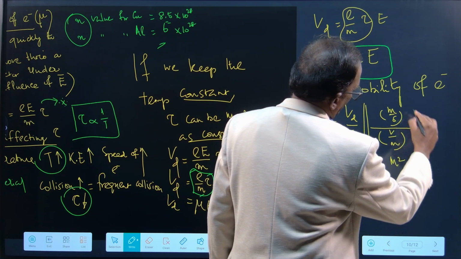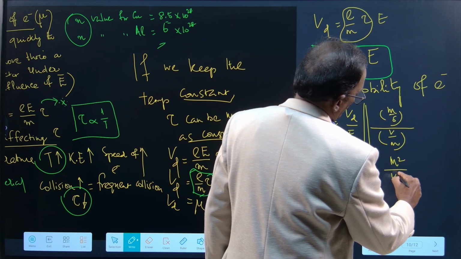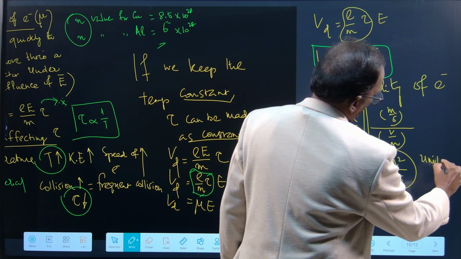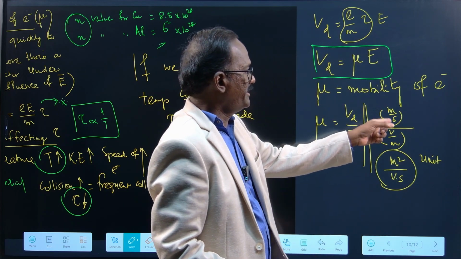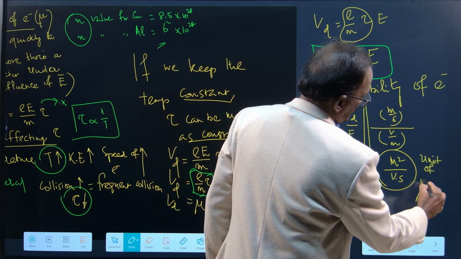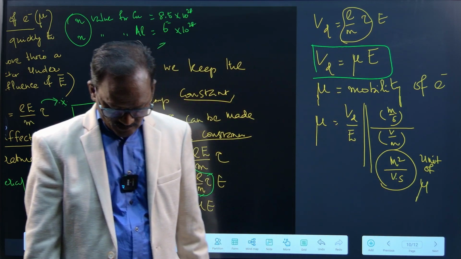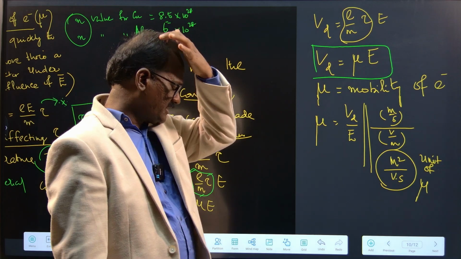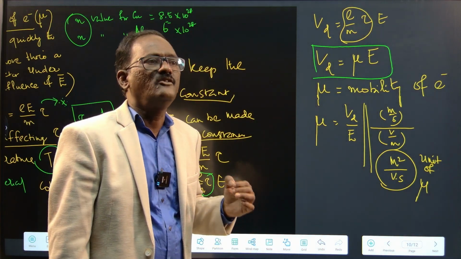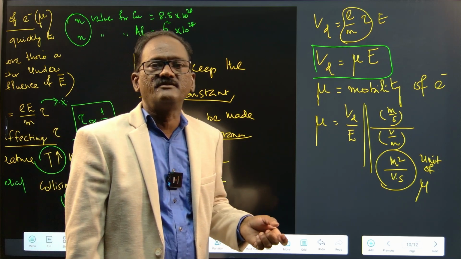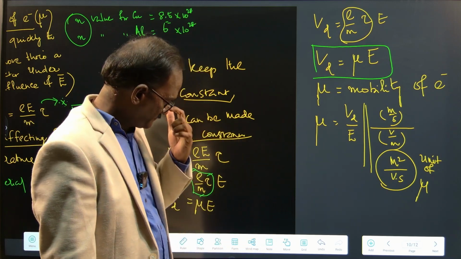The meter goes up, so the unit of mu is meter square upon volt second, m squared per V s. So mu is nothing but the mobility of electrons, how quickly the electrons are moving inside the material under the influence of the electric field, right?